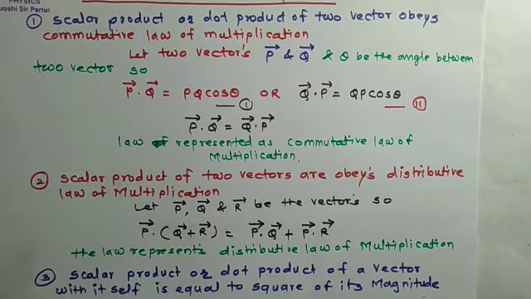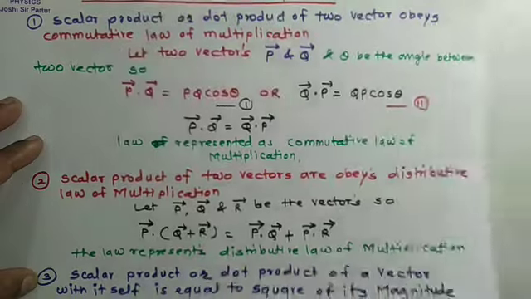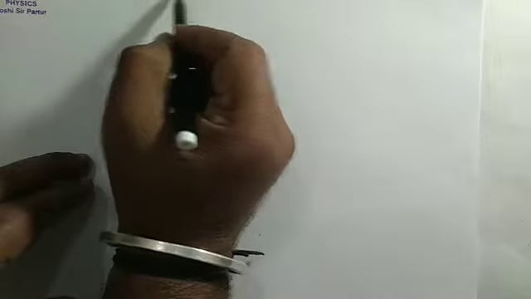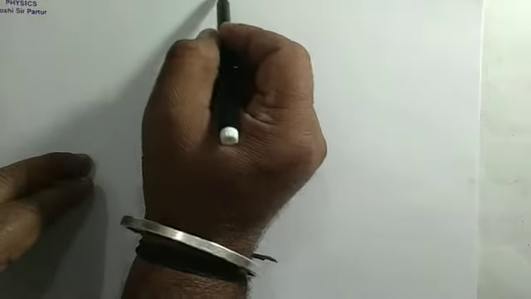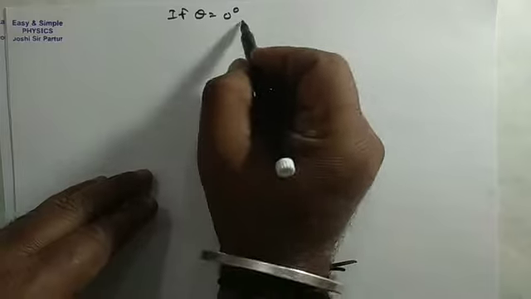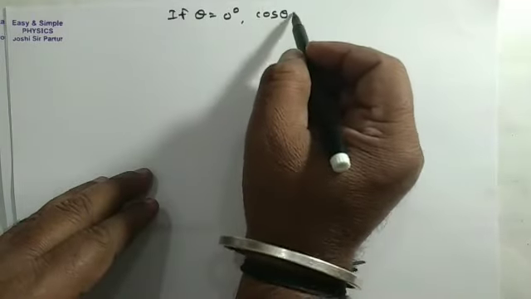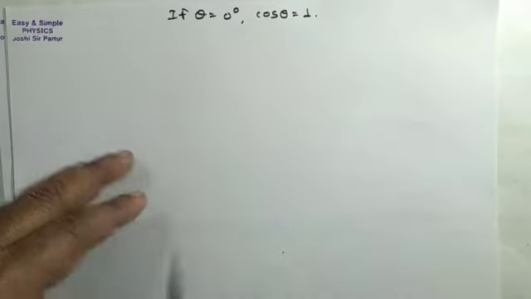For this characteristic, if theta is equal to 0 degrees, the two vectors are parallel with each other, then cos theta is equal to 1.